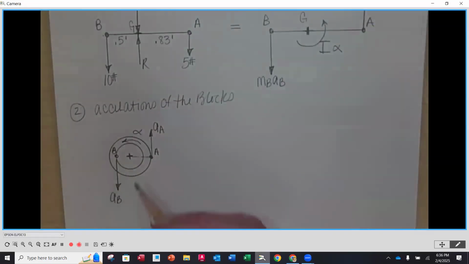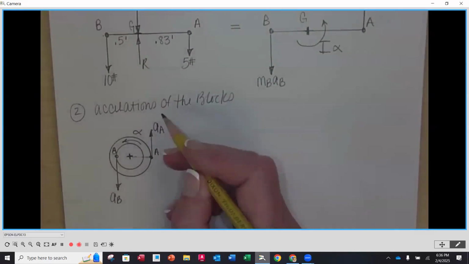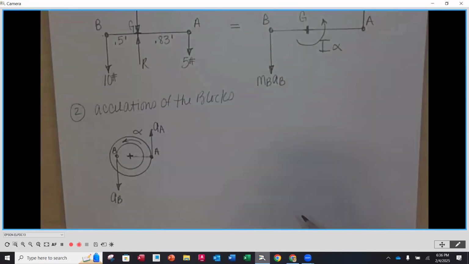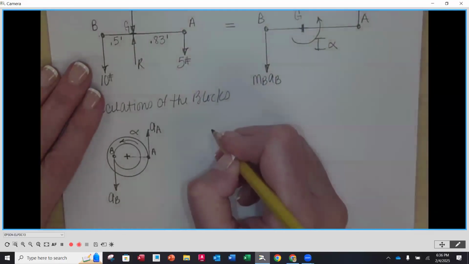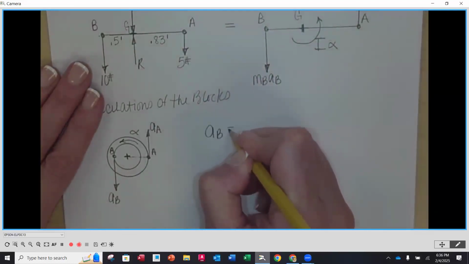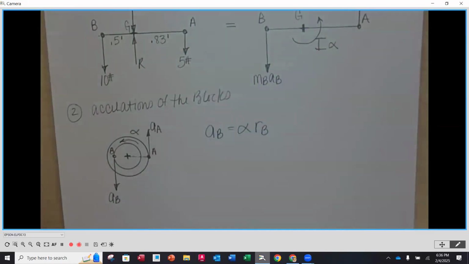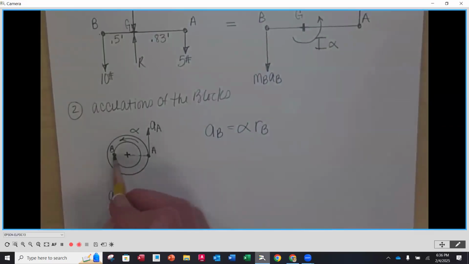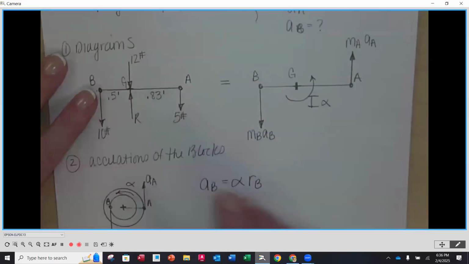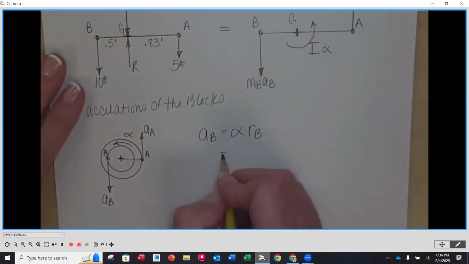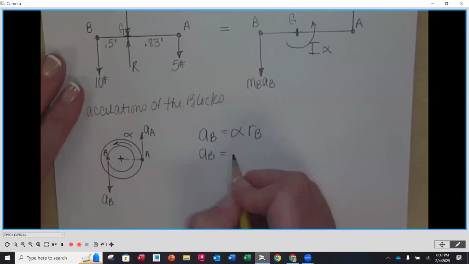So since B is tangential and so is A, we can say that the acceleration of B is equal to the angular acceleration times the radius to B, okay? B is the distance from here to here, and we know that to be 0.5 feet. It was 6 inches. So a_B is equal to 0.5 times angular acceleration.